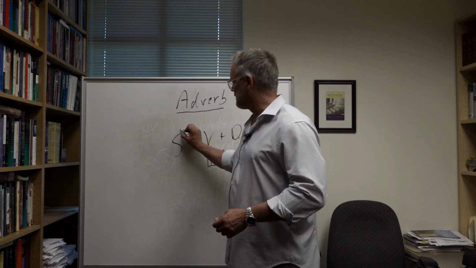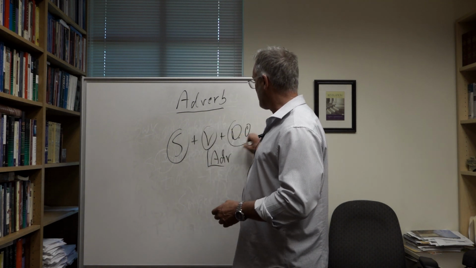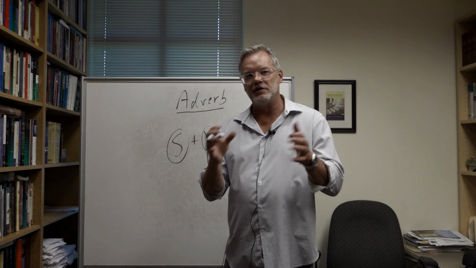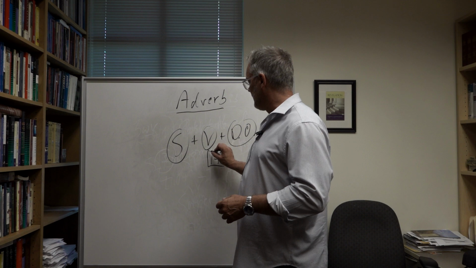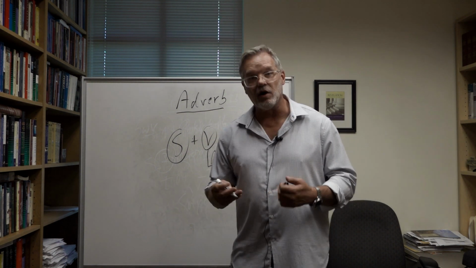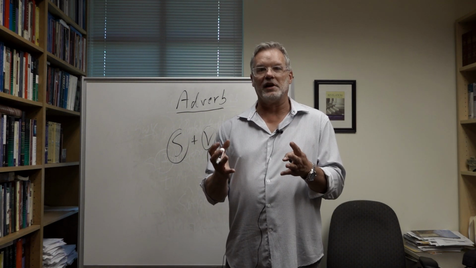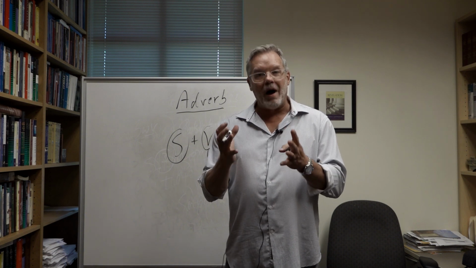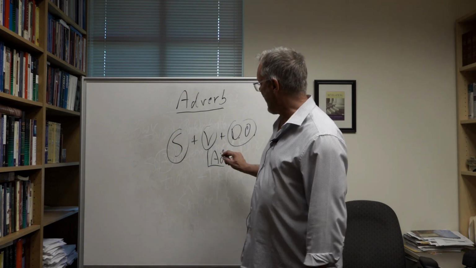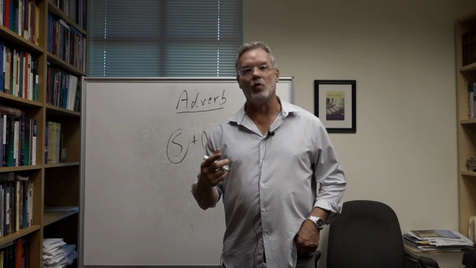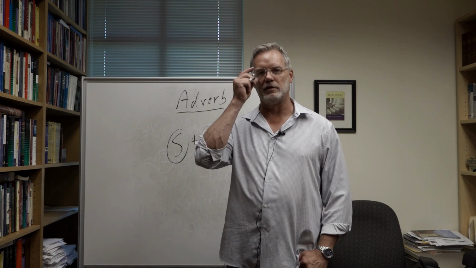So again, if the subject, verb, and direct object can be seen as kind of containers in the sentence, this little branch or leg off of the verb represents a verb modifying container. And the adverb is a popular or common way of filling that, to modify the verb.